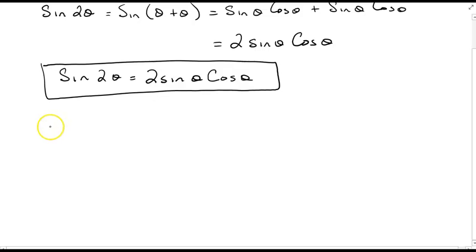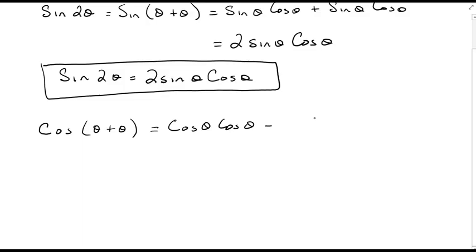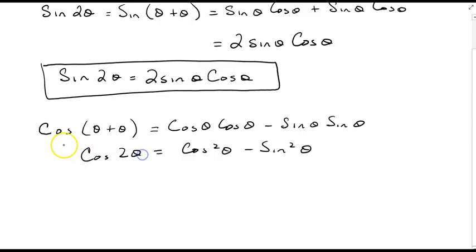So here you can see cosine of, say, theta plus theta is now, if we go back to our cosine formula, cosine theta cosine theta minus, because remember cosine, if it was a sum, you end up with a minus in the identity, sine theta sine theta, which is cosine squared theta minus sine squared theta. So we have cosine of 2 theta.